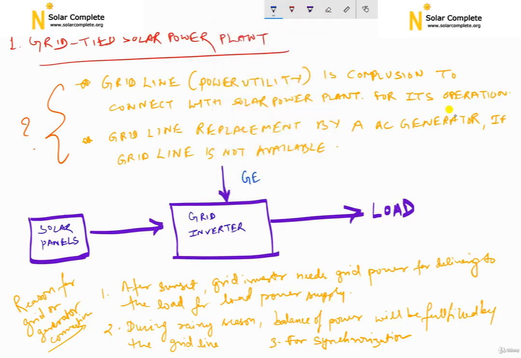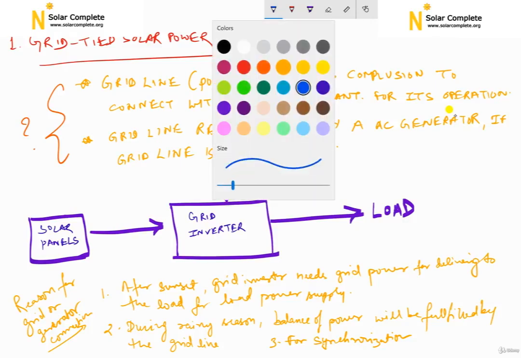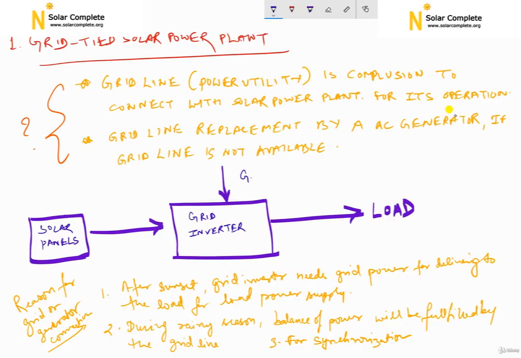The second type of requirement comes in a scenario of a place with grid power available but not throughout the day, where load shedding is happening. For that duration, when load shedding is there, you can connect a generator.